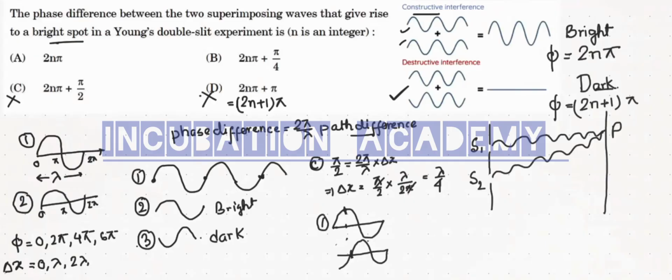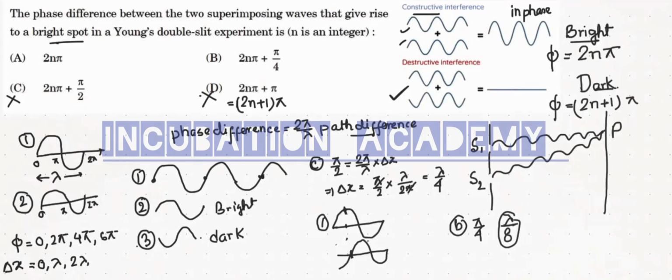Next is pi by 4. So from here, if we check option B, if the phase difference is pi by 4, then the path difference that we calculate will simply be lambda by 8. That is also not in phase. We get the bright spot when the waves are in phase, that is, exactly match each other. Lambda by 8 also does not match.